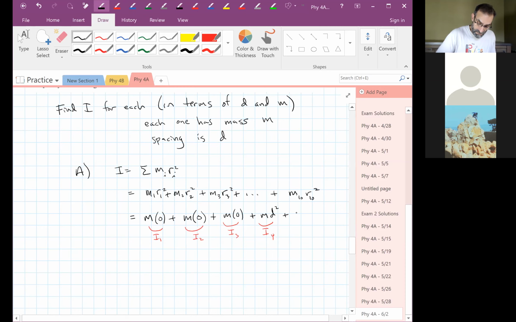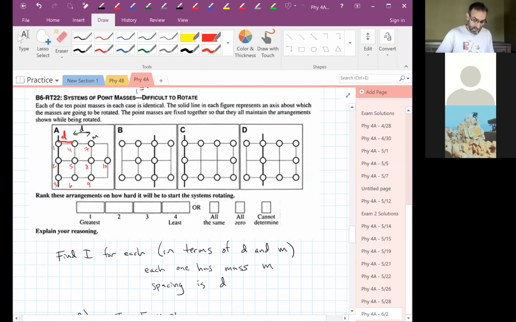And 5 is going to be the same. And 6 is going to be the same. You see that? 4, 5, and 6 all have the same position relative to the axis of rotation, the same distance from the axis. So they all contribute the same amount to the rotational inertia of this object.